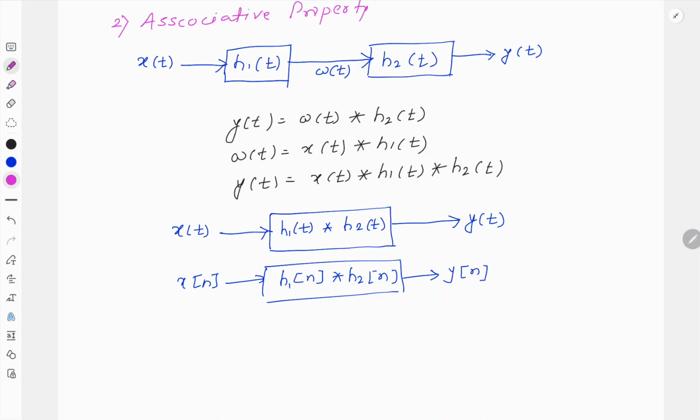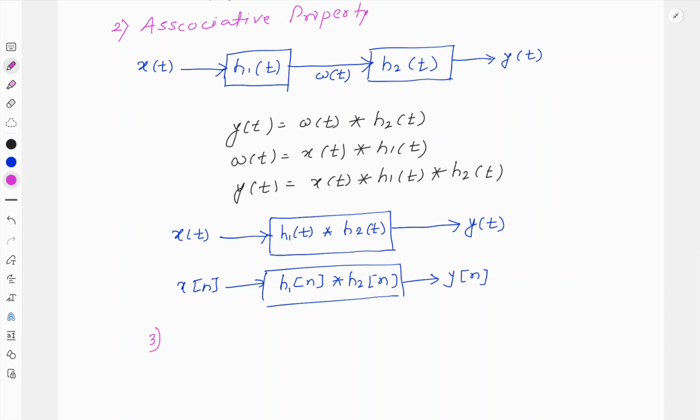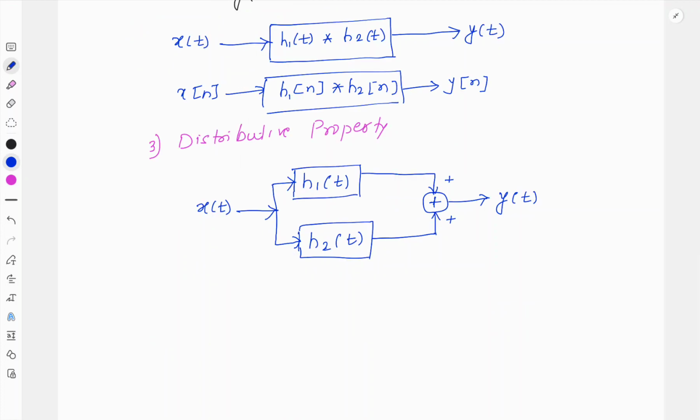Now the third property is the distributive property. In this property, we are considering two systems connected in parallel, as shown over here.